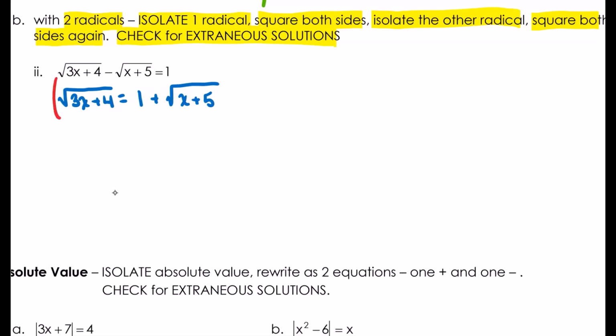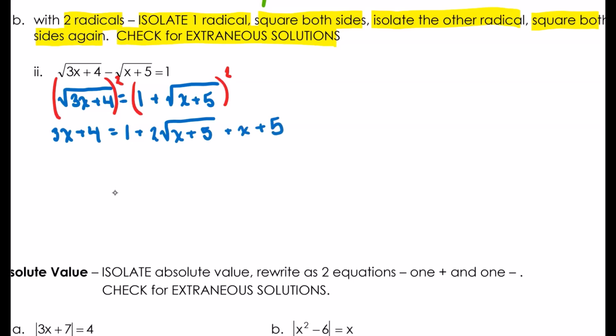Right now, square both sides. Left-hand side is 3x plus 4. All right, now the right-hand side, you've got to be careful because this is still your special pattern. So it's a squared plus 2ab plus b squared. And then notice that you've got some like terms.